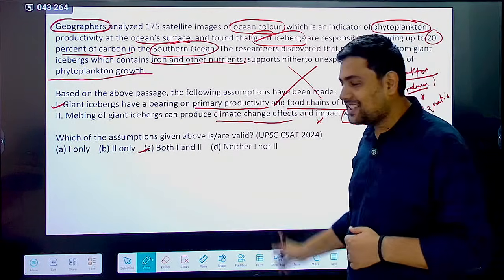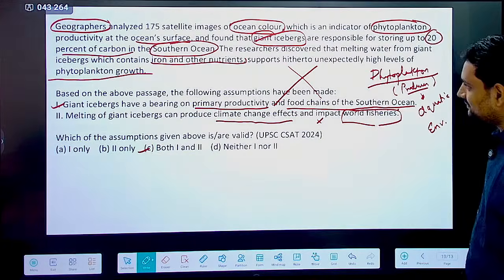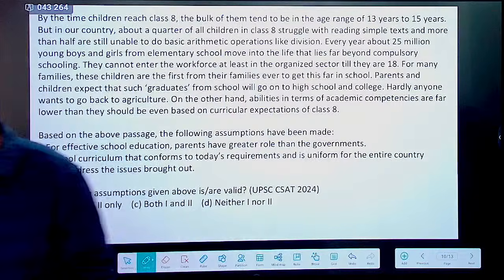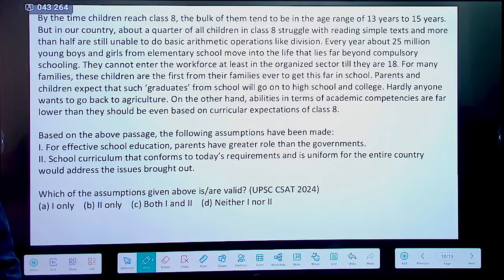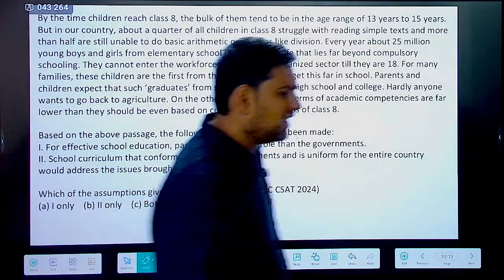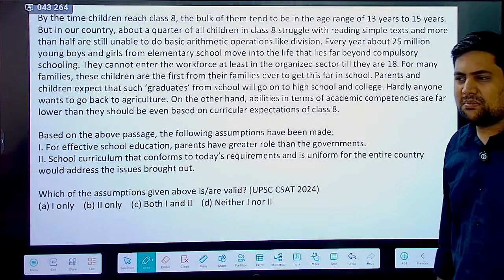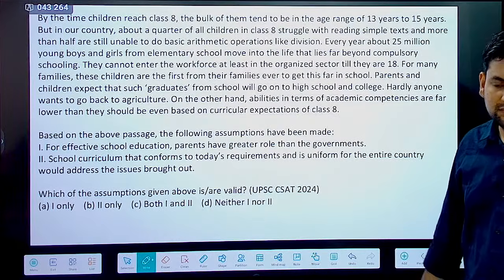This is to learn the trap. Then last, do this and stick to the process. If it is not there in the passage directly, they may have given whatever answer. We will stick to the process. Not given in the passage, we will usually mark it wrong.